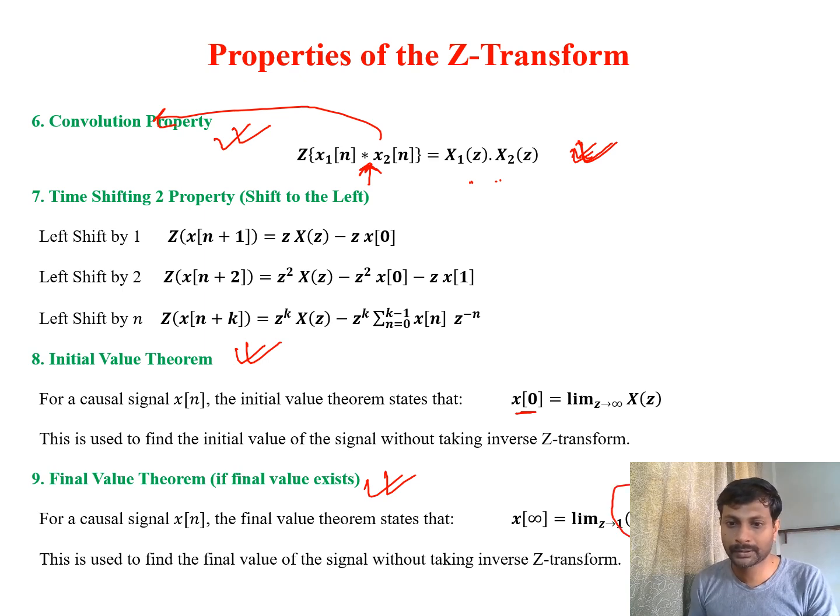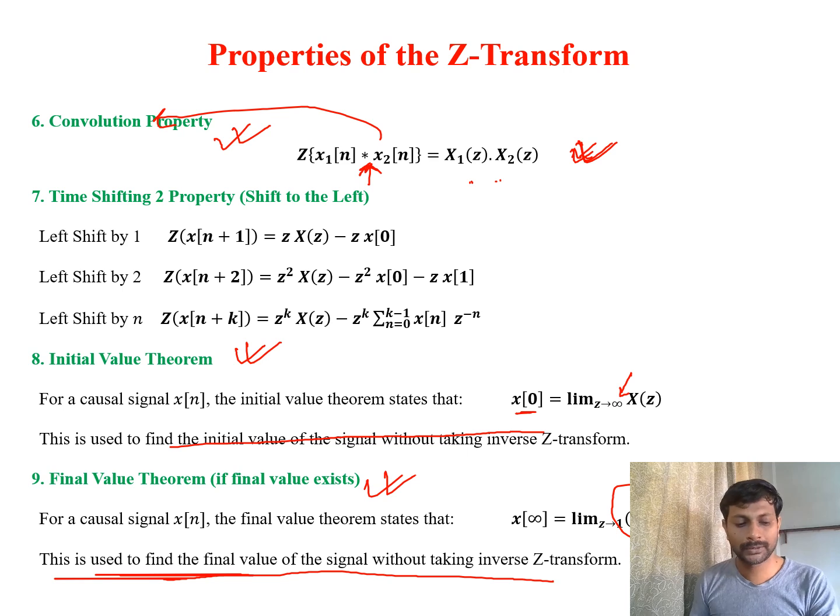This is very important. Here there is no multiplying factor, but here you have a multiplying factor of z minus 1. The initial value theorem is used to find the initial value of a signal without taking the inverse z transform, whereas the final value theorem is used to find the final value of the signal without taking the inverse z transform. These two properties are very important.